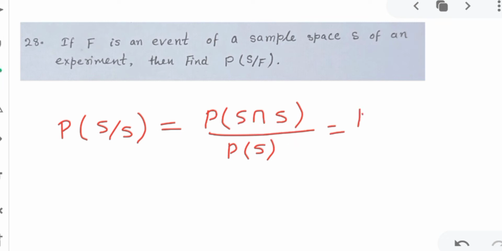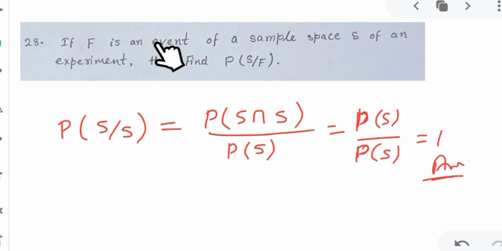So the numerator is also S and the denominator is also probability of S. Ultimately you will get 1. So this type of tricky question they can ask. The answer is 1. We are just using the formula, with a little bit of concept, that F is an event in the sample space, so obviously F will be a subset of S. I hope you understood.